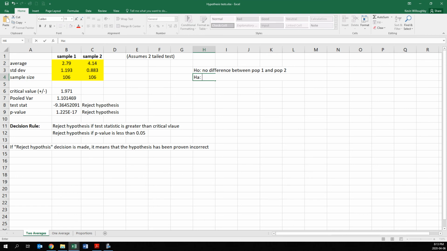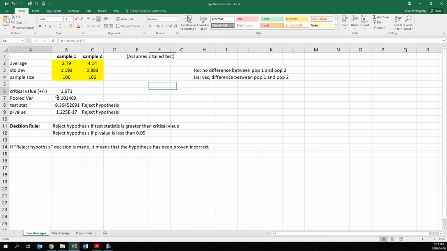The alternate hypothesis would say that yes, there is a difference between population 1 and population 2. So that's the null and alternate hypotheses. We are always assuming it's a two-tailed test. It's just easier that way.